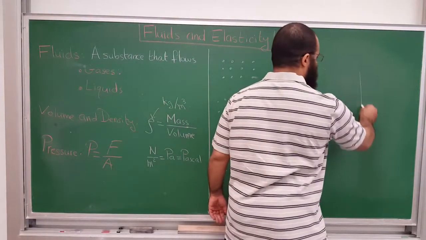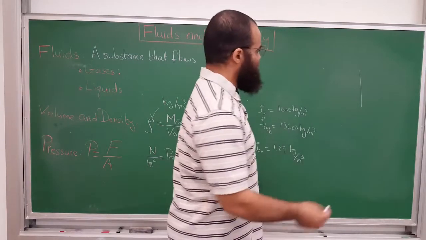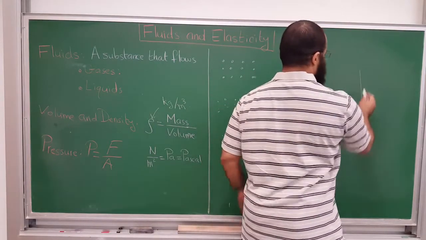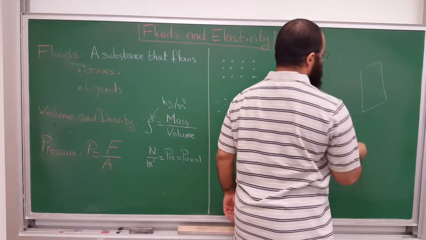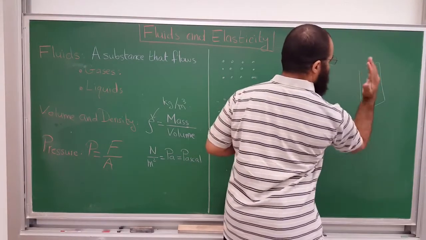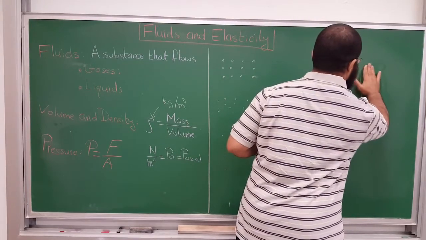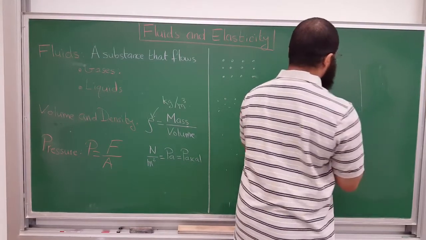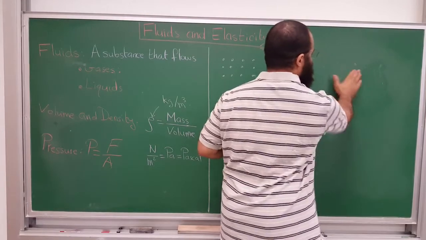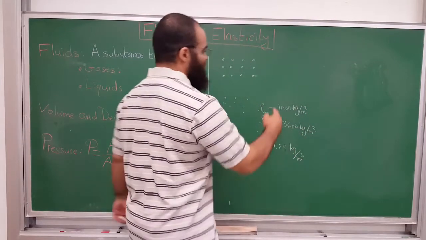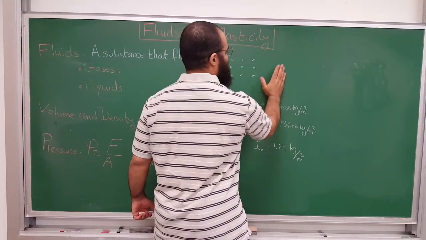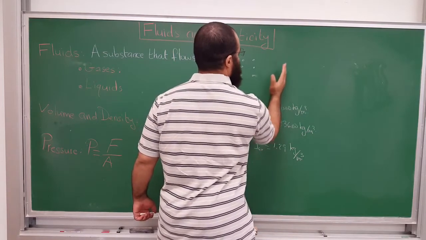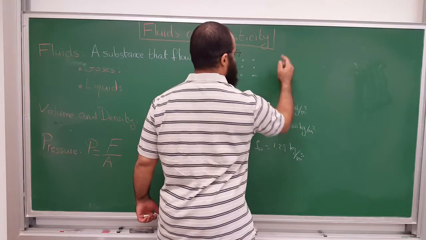On the other hand, you should also notice that, here is the object. Let me talk about the board itself. If I apply a force parallel to the board, that doesn't cause pressure.